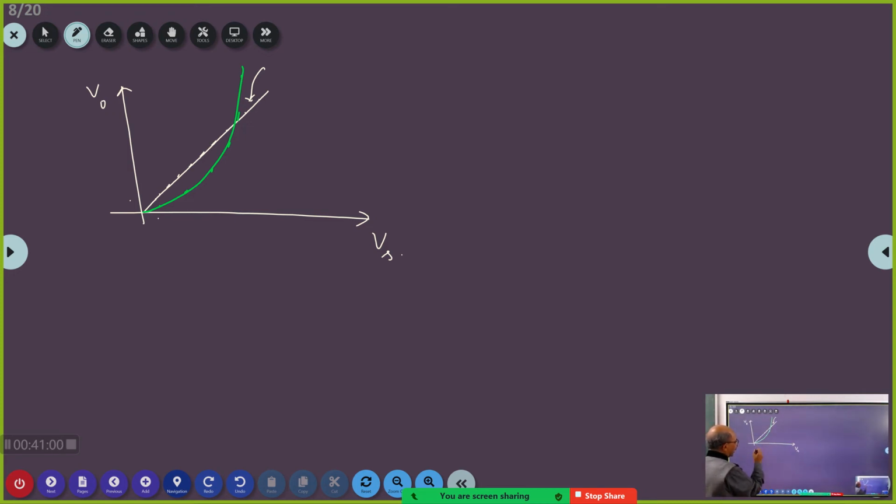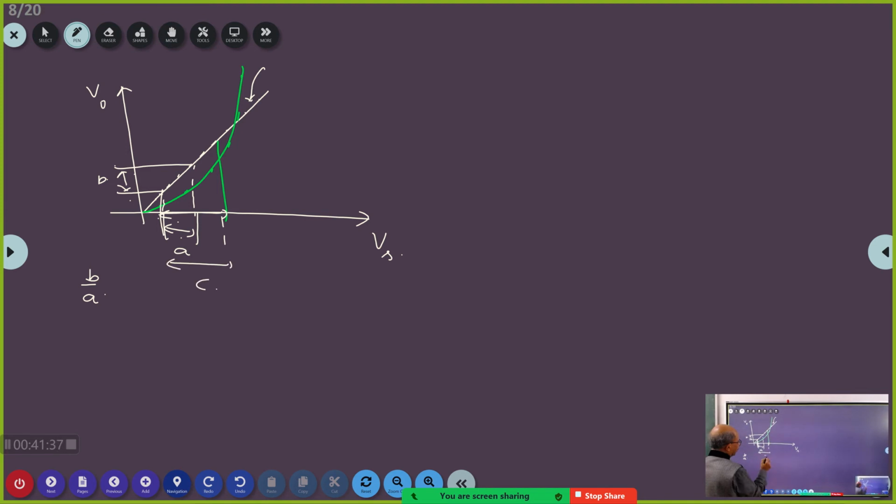Now see here, for linear characteristic, if the signal, say Vs, varies within this band, then what is the corresponding variation in VO? This is the corresponding variation in VO. Supposing this width is A and this width is B, so here you will get a constant B by A. Now I will take the signal varying from this point to this point.